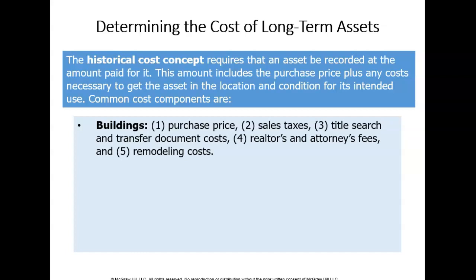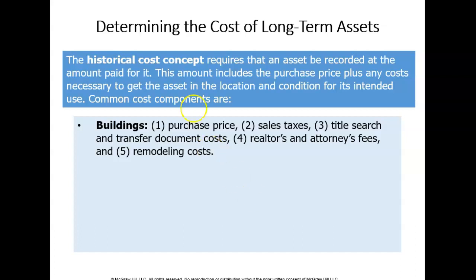So let's begin with our long-term assets, and we're now focused on our fixed assets, or your property, plant, equipment assets. When you acquire these long-term assets, we're asking what costs should be included in the asset account. Well, the rule says any cost to acquire the asset, along with any cost to get the asset ready for its intended use, should be included in that asset account.